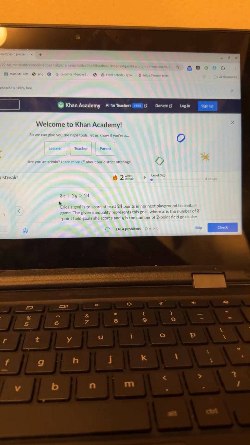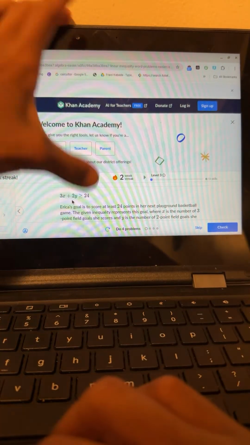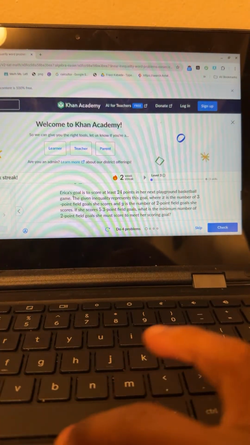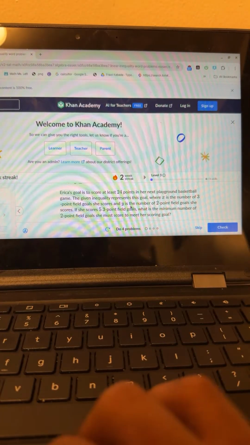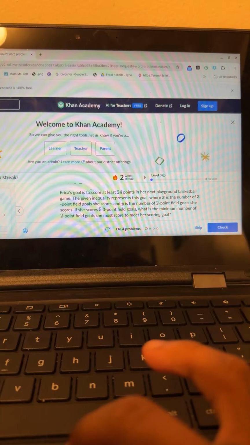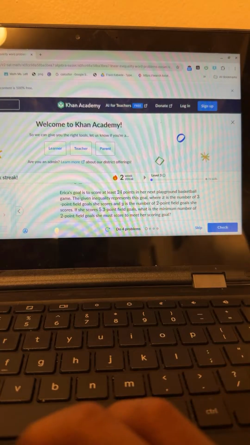3x plus 2y is greater than or equal to 24. Erica's goal is to score at least 24 points in her next playground basketball game.